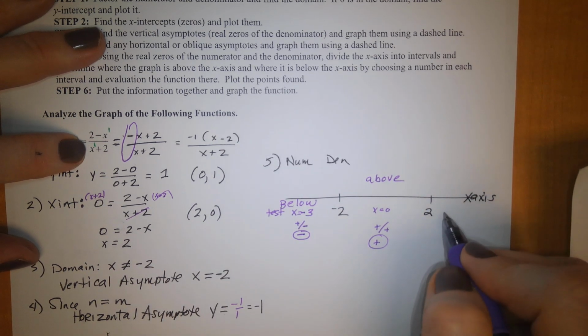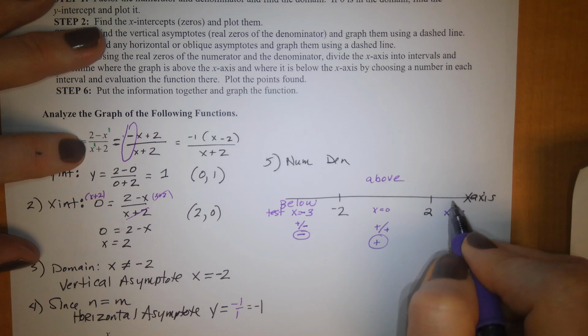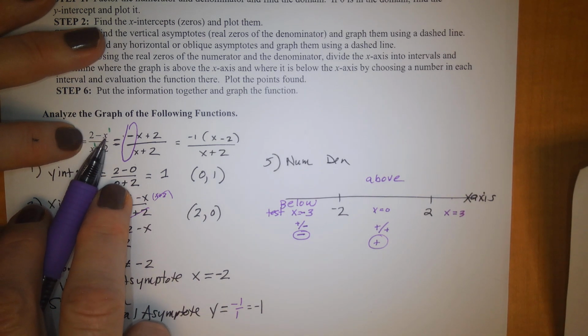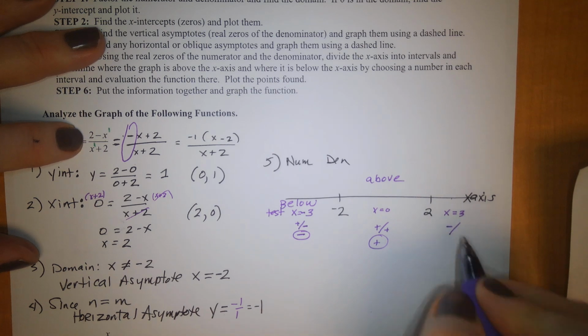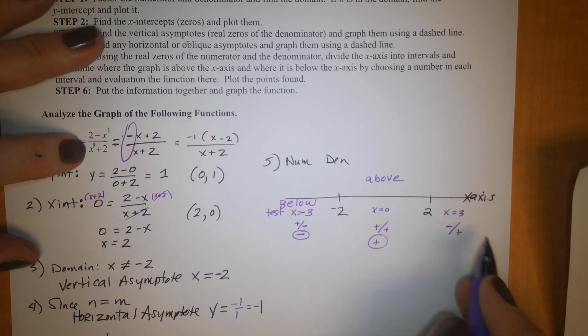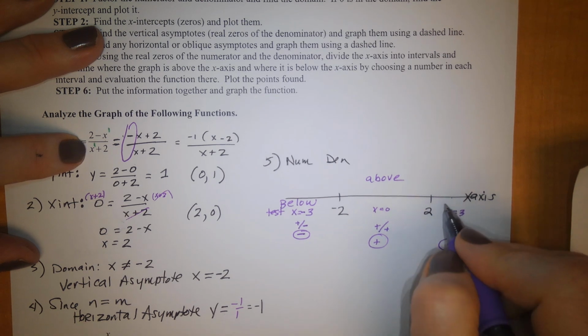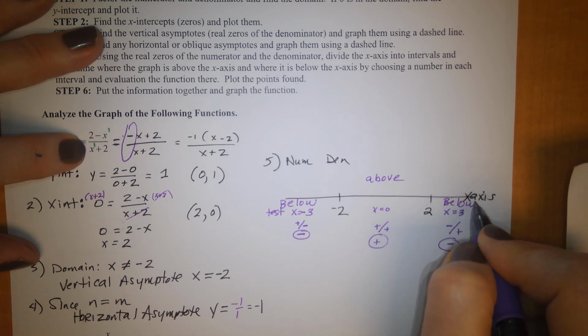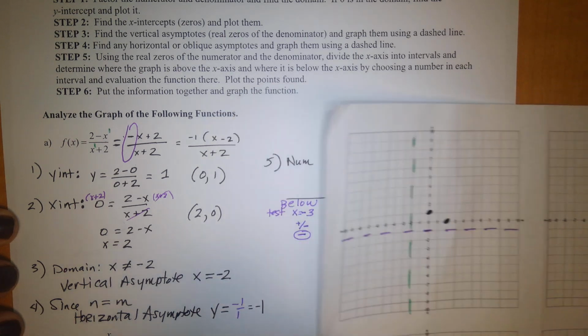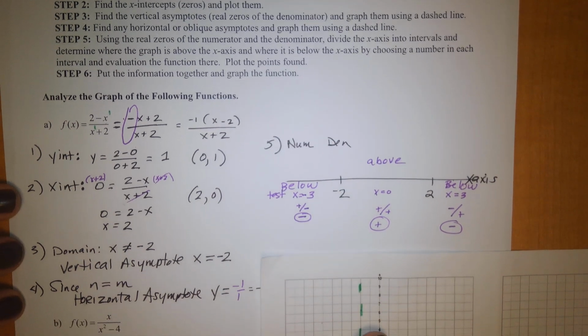For this third interval over here, let's test, for example, the number 3. If I plug in a 3 here, 2 minus 3 is negative, 3 plus 2 is positive, and a negative divided by a positive is a negative. So my graph will be below the x-axis. So when I come back to my graph, I can finish sketching this.